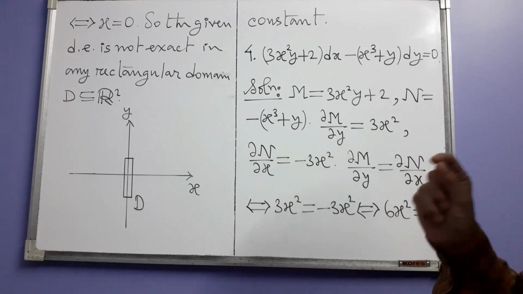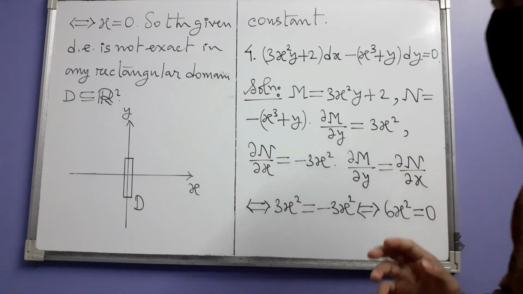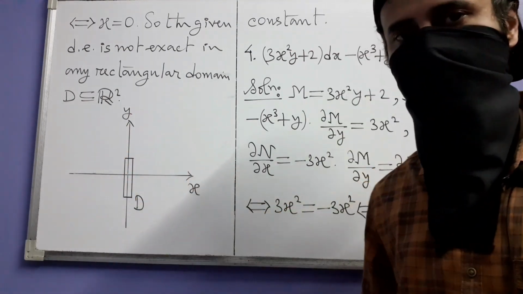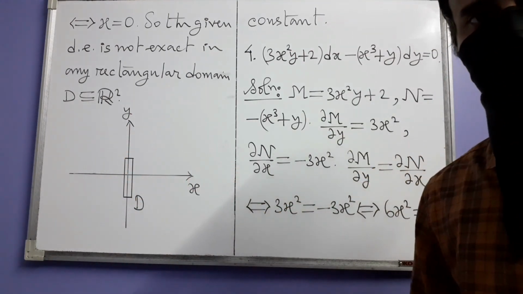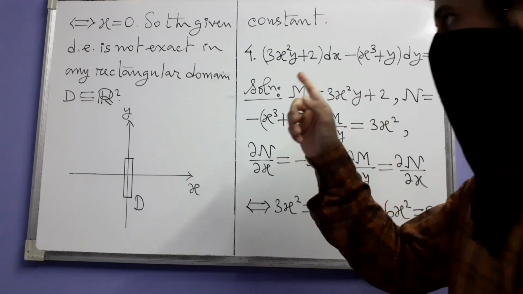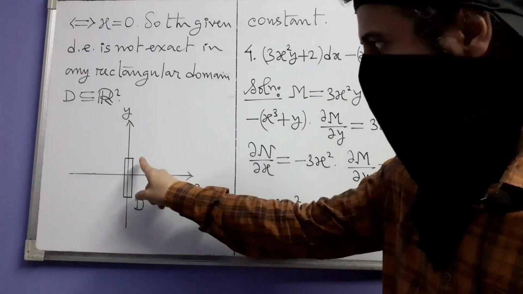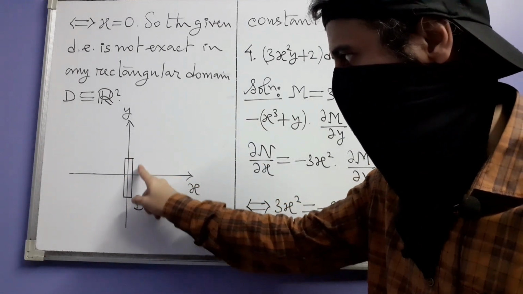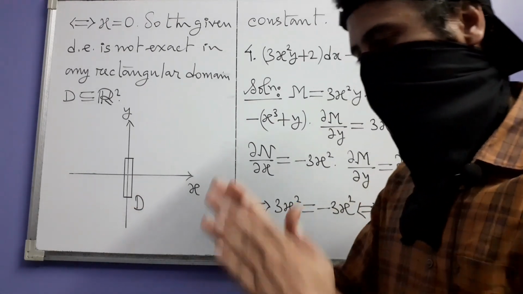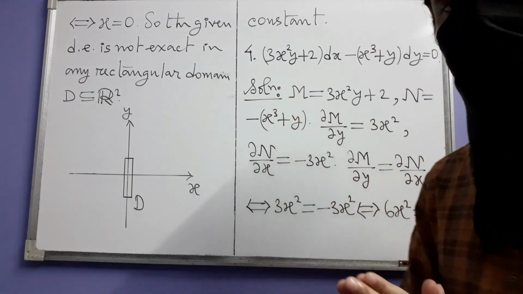That means the points (x, y) at which these two partial derivatives are equal are all the points on the y-axis in our two-dimensional plane. And that is why our differential equation is not exact in any rectangular domain, because no matter how thin a rectangular domain you may think of, it cannot be entirely contained within a line.